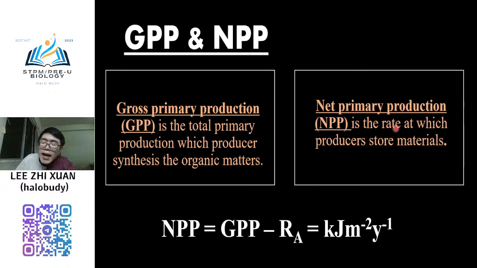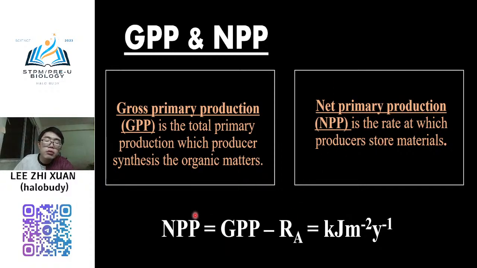NPP is the rate at which producers store material. Meaning that this is the energy that producers store. Dia simpan energy too. GPP is how much energy the plant produces. NPP is how much energy the plant stores within itself.